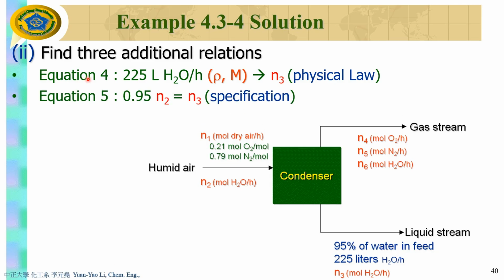Okay? And number 5 is called specification. Why? Because you understand the description tells you that 95% of the water in the liquid stream is from the input. So you can have N2 times 0.5 equal to what? N3. This is what we call specification. You write this in the sentence of the problem.